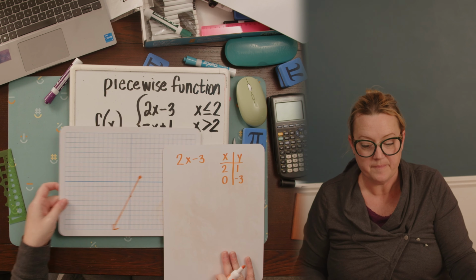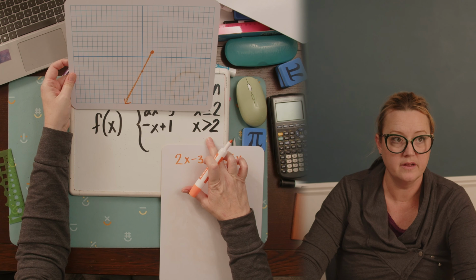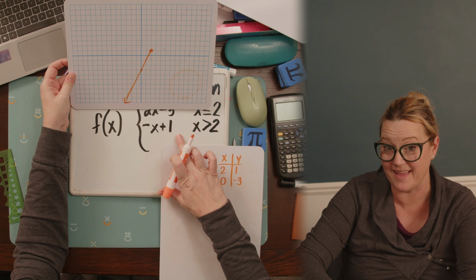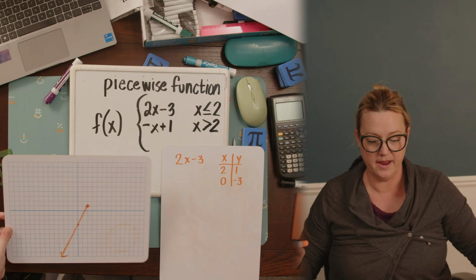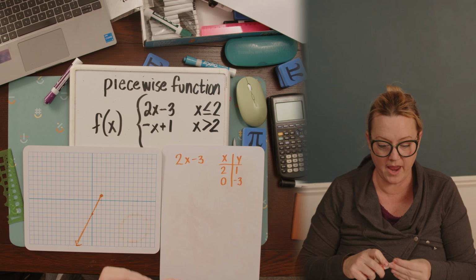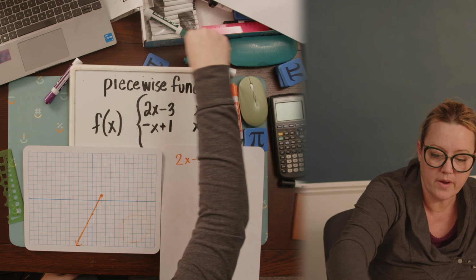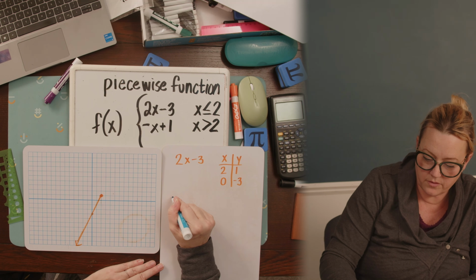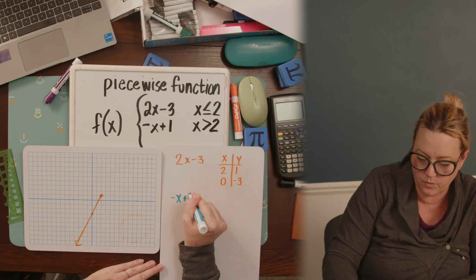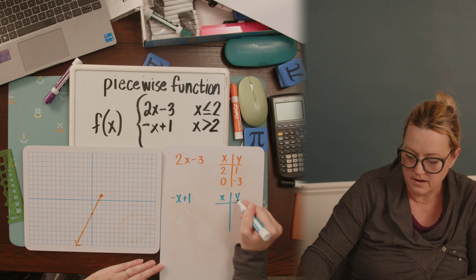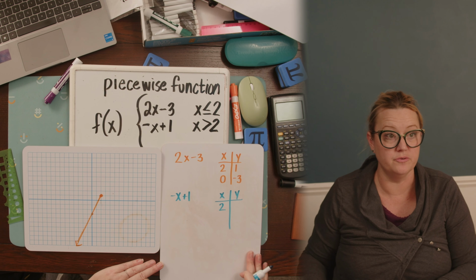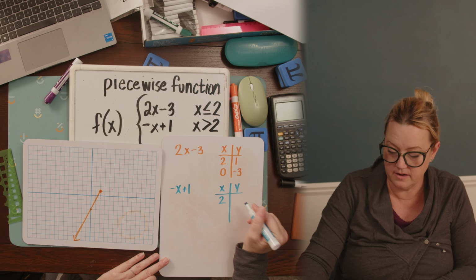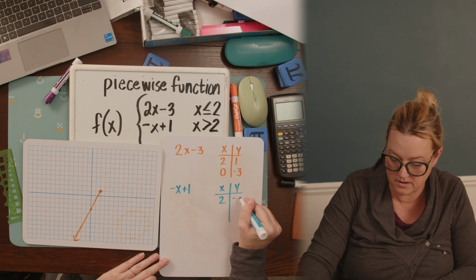Now, I know that my line is only going to be that part, because if x is greater than 2, it's not going to be following this line anymore. It's going to jump up to that other line. So now when x is greater than 2, it's going to be following along with negative x plus 1. Again, I'm going to figure out what it is at 2. So negative 2 plus 1 is negative 1.